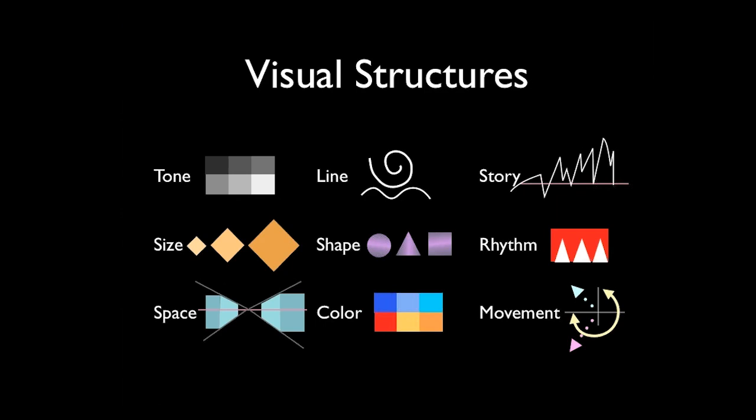And so you can play with line, different shapes, different types of line. That line could be hard and vertical, or horizontal, or angular, or what have you, and you can change entirely the feeling of that line. You've got tone from dark to light. You've got a story arc that's growing. You can put many of these into one shot. You can put it into a progression of shots.